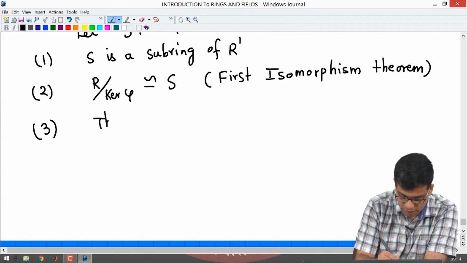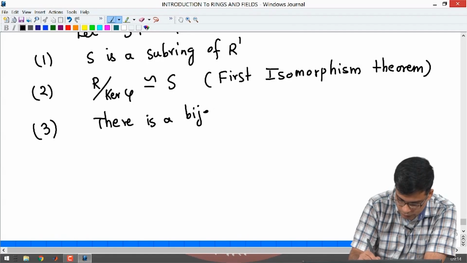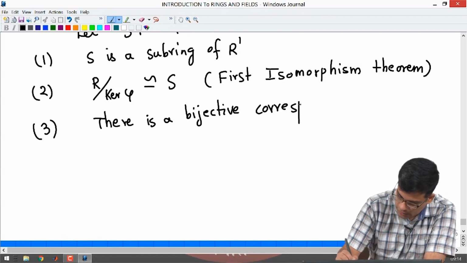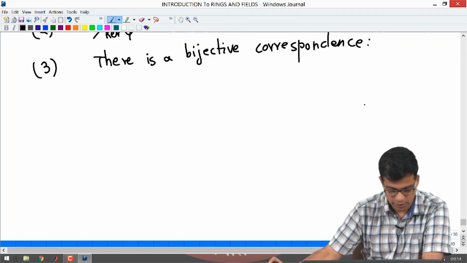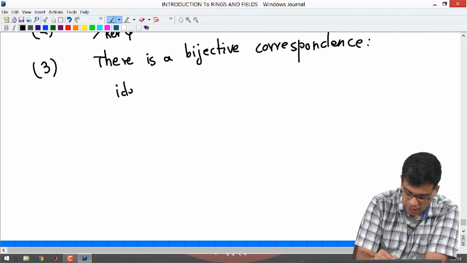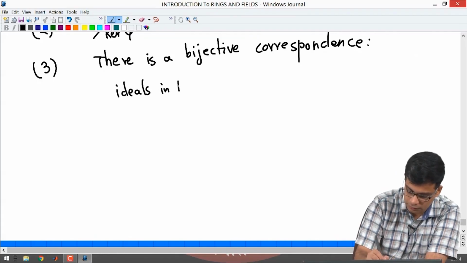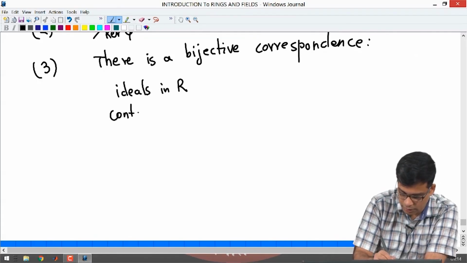And the third one is, there is a bijective correspondence between the following 2 sets. The first set being ideals in R containing kernel phi.